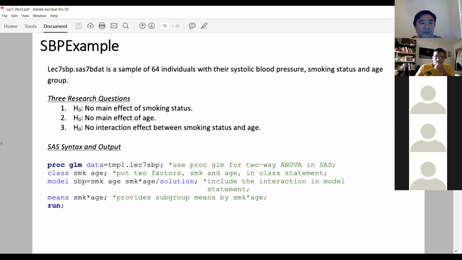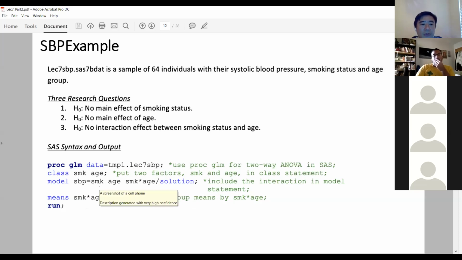If you want to use SAS for the two-way ANOVA, we use the procedure called GLM, general linear model. You have to specify both factors in the class statement because they are both categorical. In the model statement, you start with the main effects of the first and second factor, as well as the interaction between them.